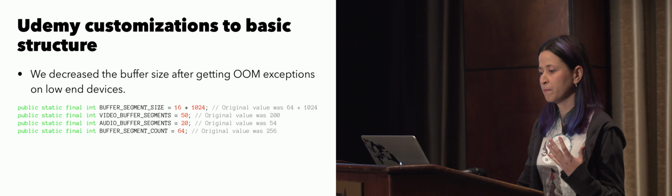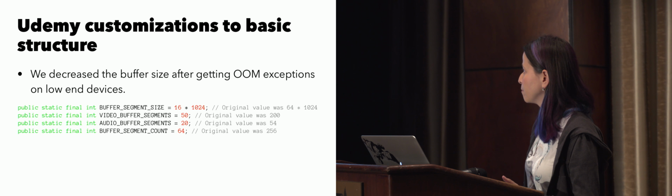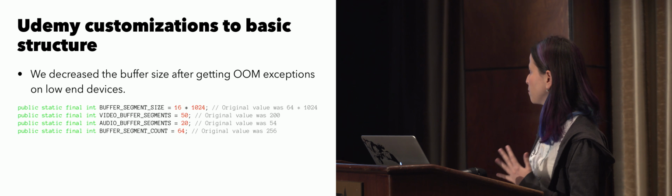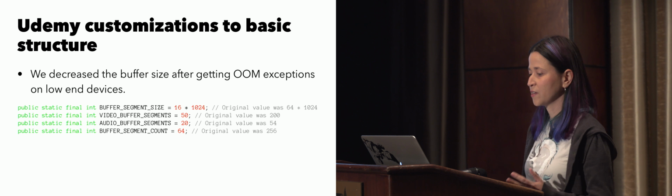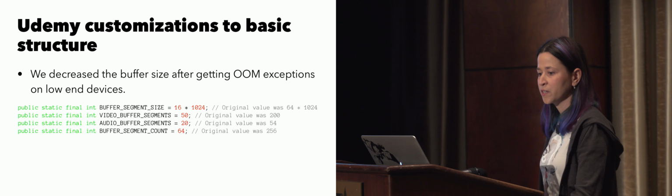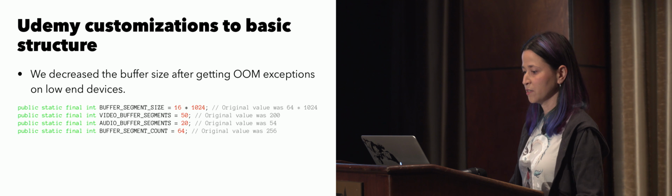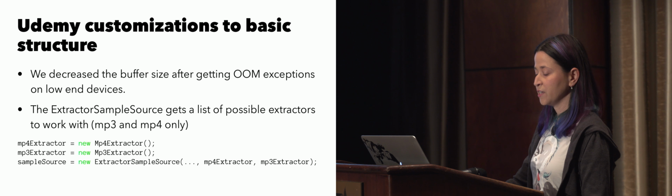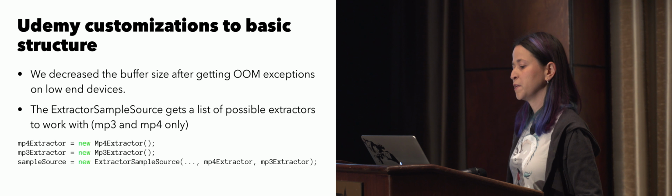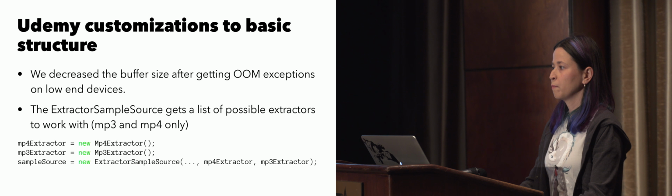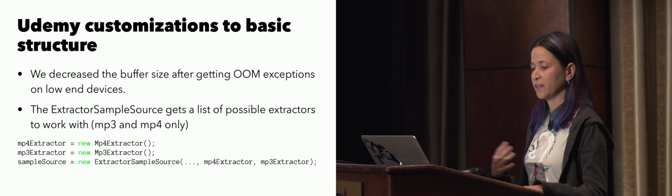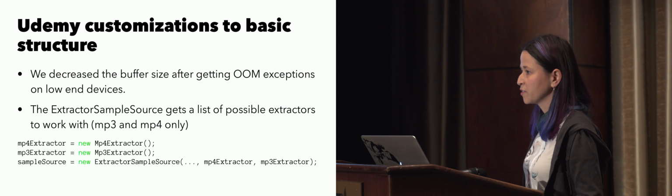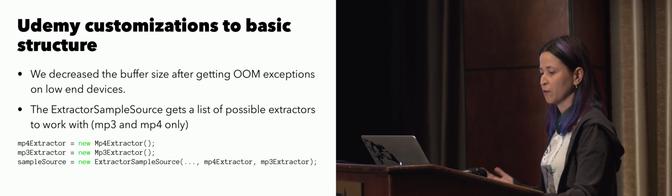In Udemy, we made some customizations to the basic structure. For example, we decreased the buffer size and the segment size after getting some out-of-memory exceptions on low-end devices. And the other thing that we did is, because the extractor sample source basically goes over and selects the correct extractor to use, we already know what type of files and what type of media we're playing.